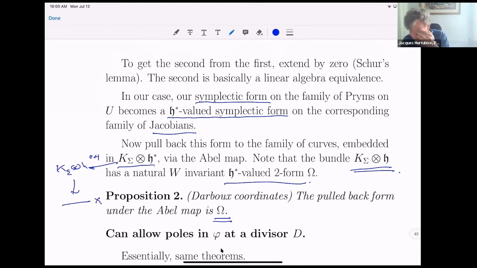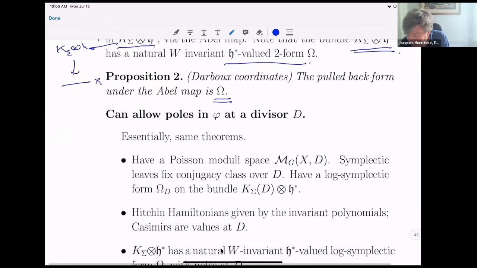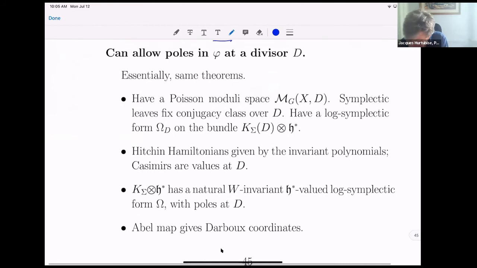Okay. Now you can play this game as for the Hitchin system by adding in a divisor and allowing poles. So you get a Poisson moduli space. The symplectic leaves fix the conjugacy class. And instead of thinking of the Poisson space, maybe just think of it as a log symplectic form, because they're simple poles. So you can just think of it this way on the bundle.